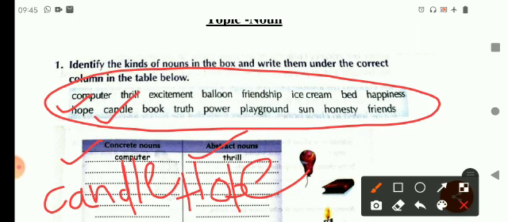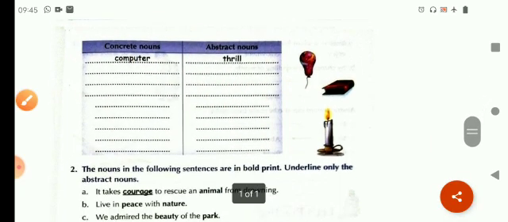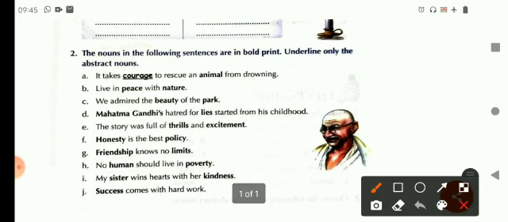Okay, now let's move on to the next question. Let's see what it is. In your question number 2, the nouns in the following sentences are in bold print, it is written darker. As you can see here, courage and animal, these two words are written in bold.